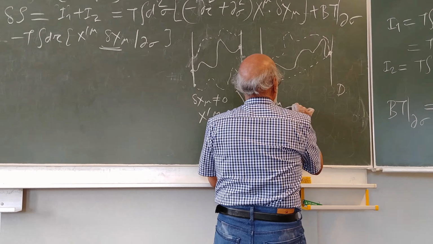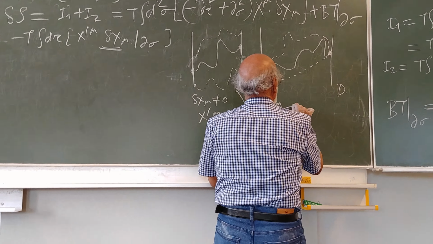I can also have a mixture of these two. I can keep only one end fixed. I fix it, so x mu at 0 equal to constant, then delta x mu at 0 is 0. That means this is the Dirichlet boundary condition. So this does not fluctuate. It is fixed, pegged at one point, nailed at one point.